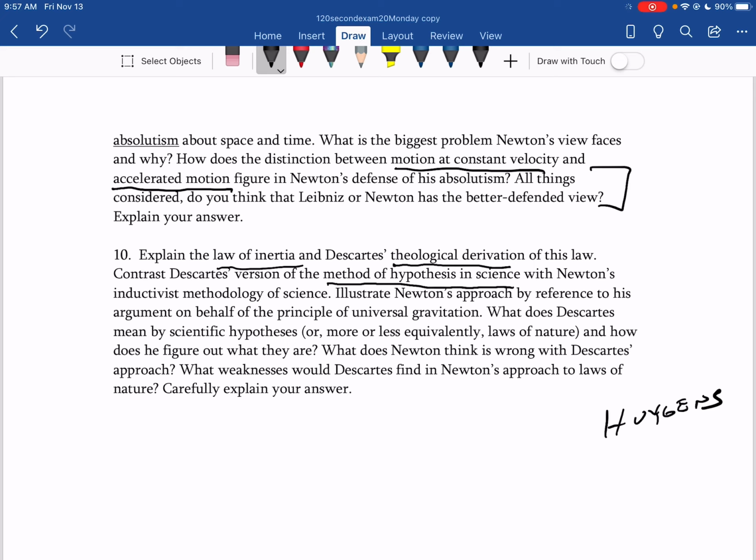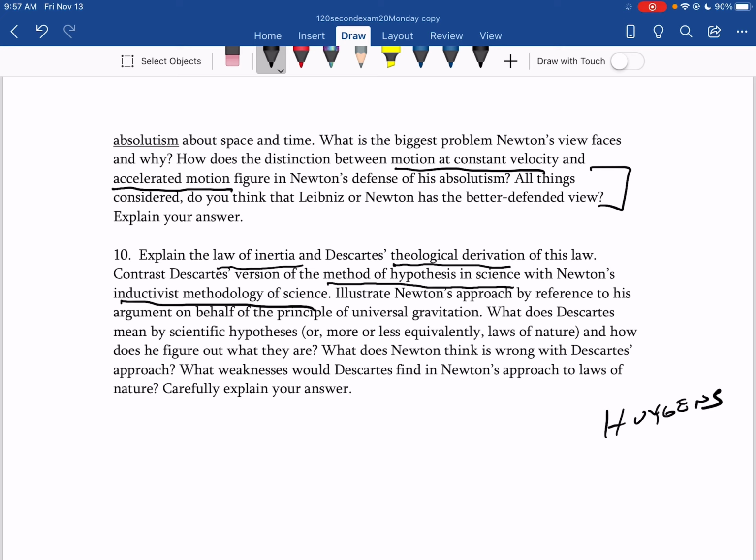This contrasts starkly with Newton's inductivist methodology, where we notice patterns and we project them as far as we can as long as they continue to hold up. So, Newton argues on behalf of universal gravitation by saying it is as if there is a terrestrial force that accounts for the motion of projectiles and various other kinds of motion.